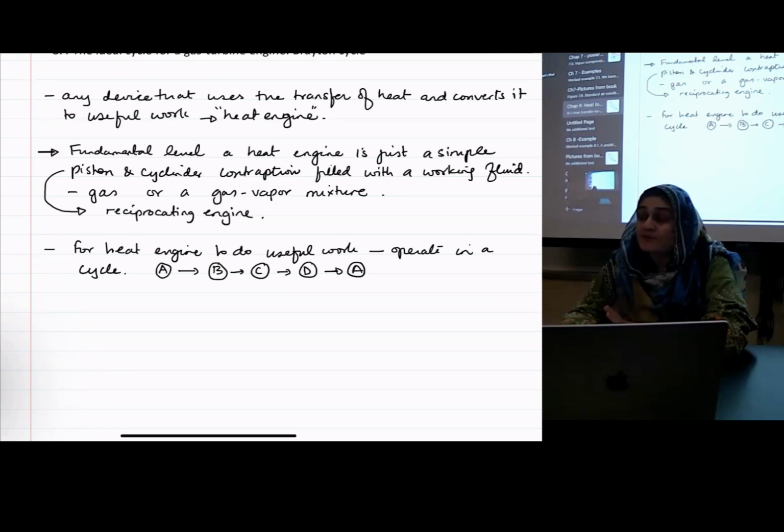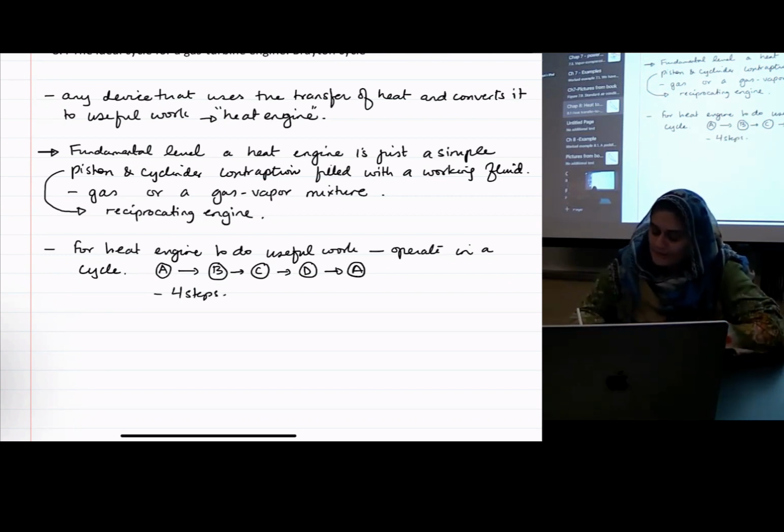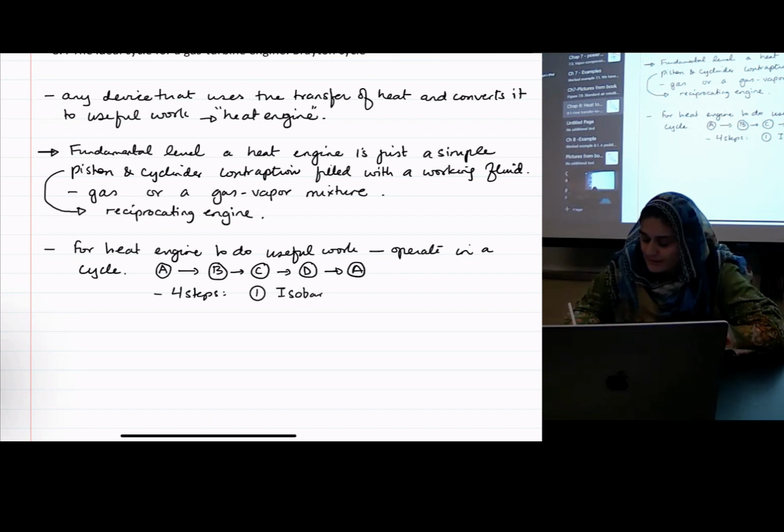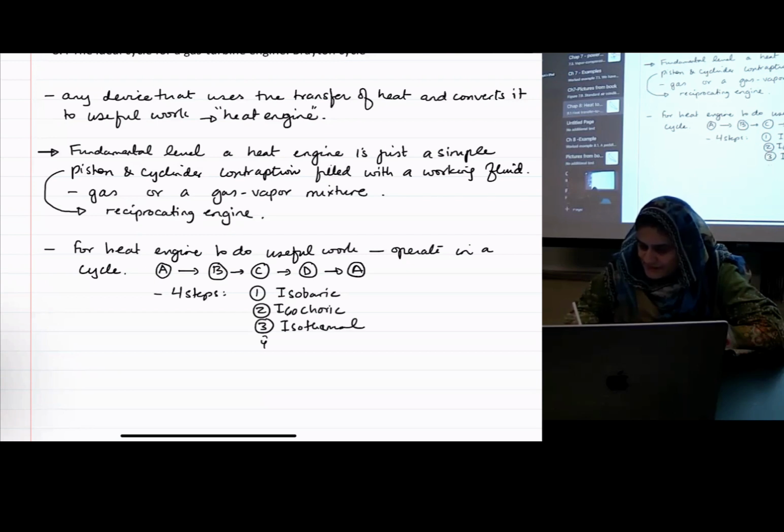And for most of the devices, they go through 4 steps that are standard. What are the 4 steps? What could be the 4 steps? The ones we talked about? Isobaric, isochoric, isothermal, and adiabatic.